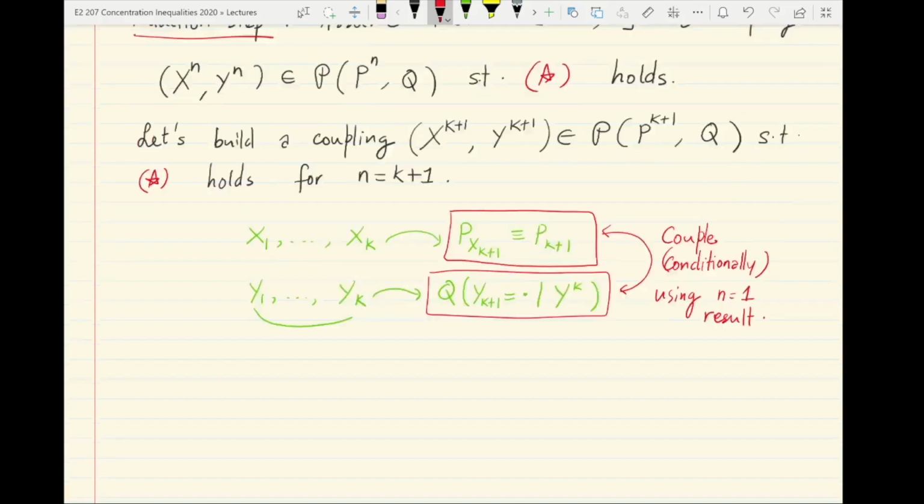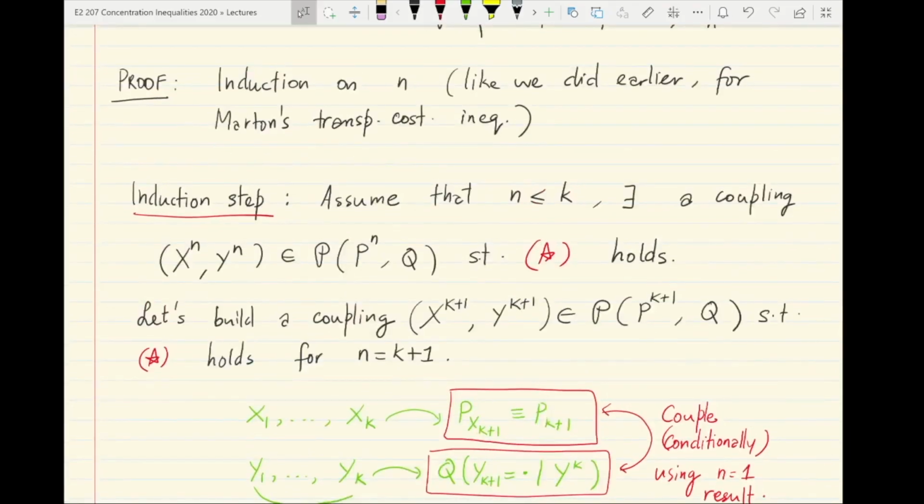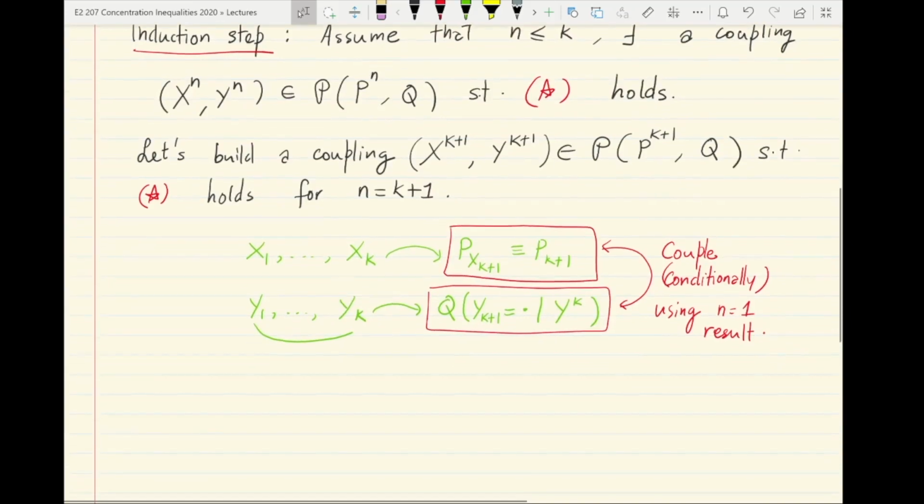Recall that we've assumed the induction hypothesis to hold for all n less than or equal to k. So that means it also holds for n equal to 1. And basically that allows us to find a coupling between p k plus 1 and this conditional distribution of y k plus 1 given y 1 through k to generate this new pair x k plus 1, y k plus 1, which we just append to the end.